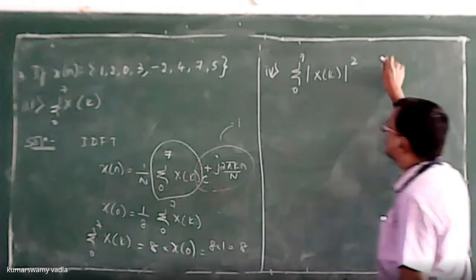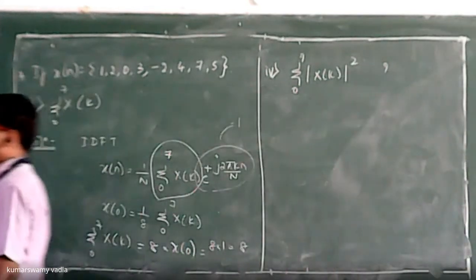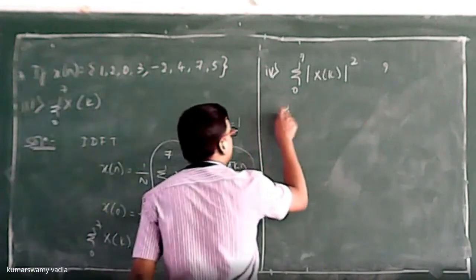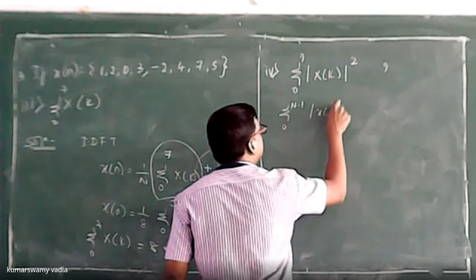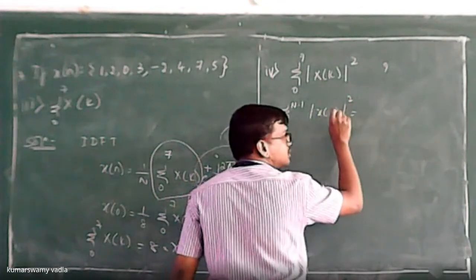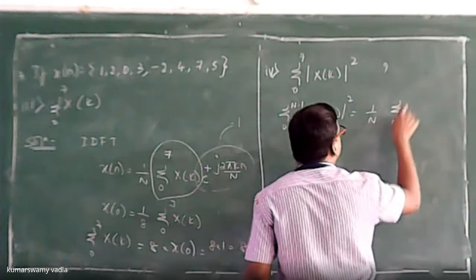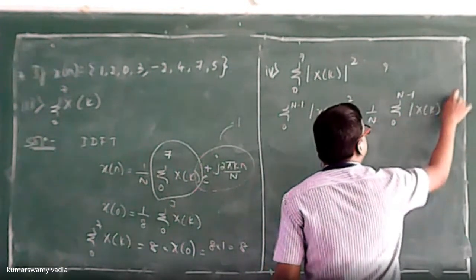Using Parseval's theorem, summation 0 to N minus 1 mod x of n square is equal to 1 by N summation 0 to N minus 1 mod X of k square.